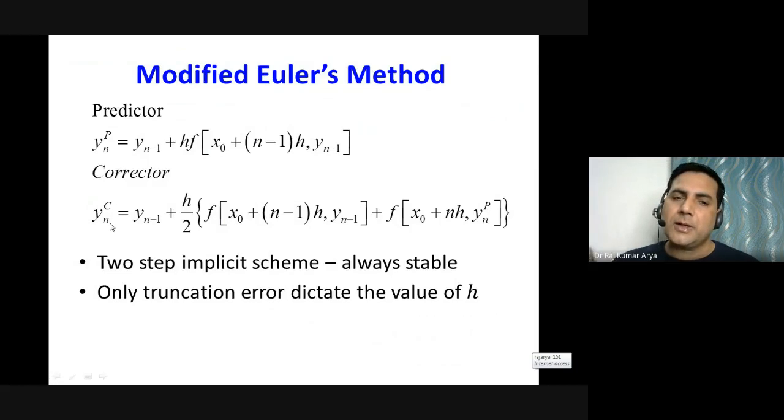So this is the predicted value by Euler's method and the corrected value here, and this would be your value corresponding to yn. You can substitute this back again and do it one or two trials so that this value does not change. That is the final value at this particular iteration. Let's say you are calculating y at point 1 and you know the value at point 0.